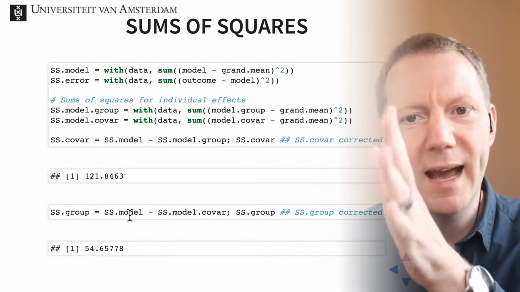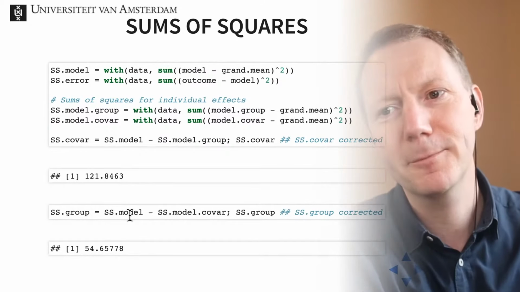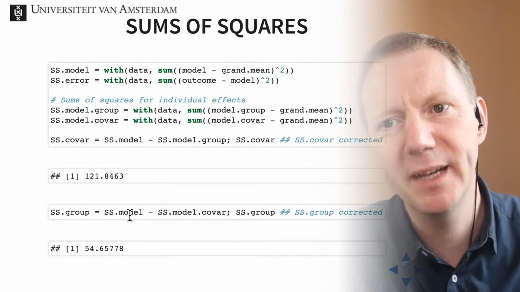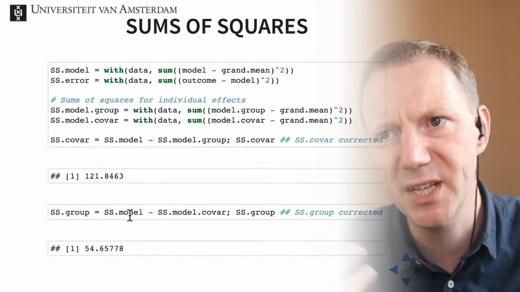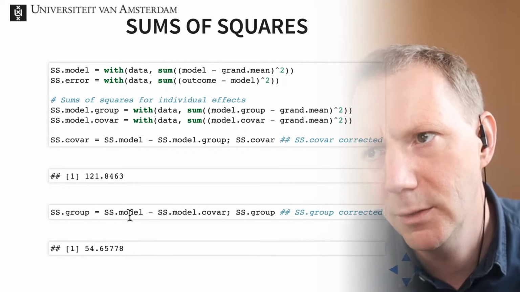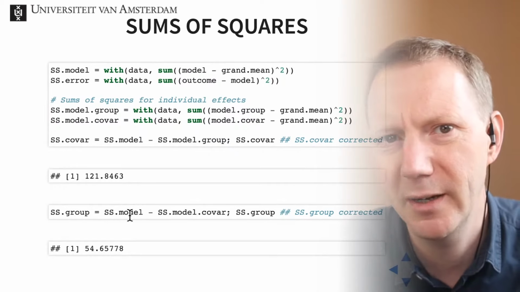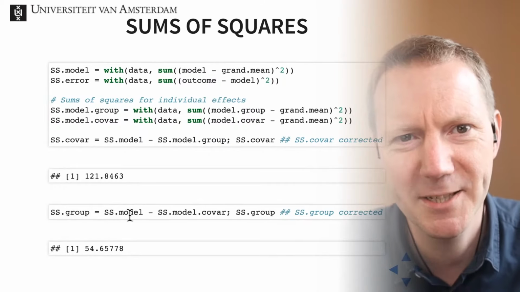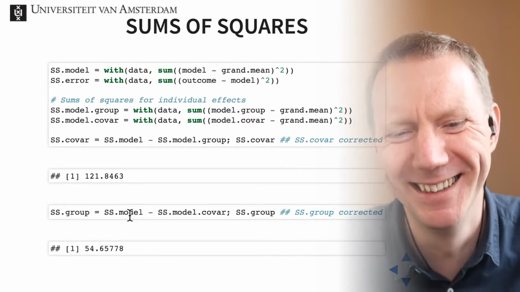And if I then take the part explained by the covariate and subtract that, I'm left with what is explained uniquely by the independent variable. Those are conceptual steps that you have to make. There are no formulas here, so I won't expect you to do any of those. Does that make sense? I hope.